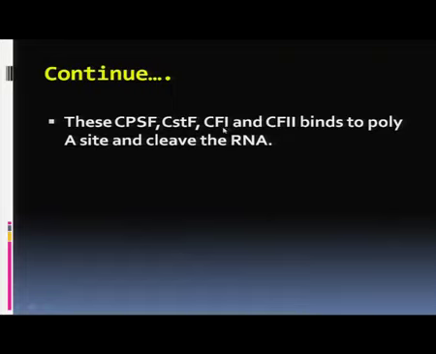Now, a very important section of eukaryotic transcription, that is processing of pre-messenger RNA to mature RNA. Processing means how the introns are removed and how the exons are joined to form mature messenger RNA. So, introns, that is intervening sequences, are non-functional sequences, and exons, that is expressing sequences, are functional sequences present alternately in pre-messenger RNA.